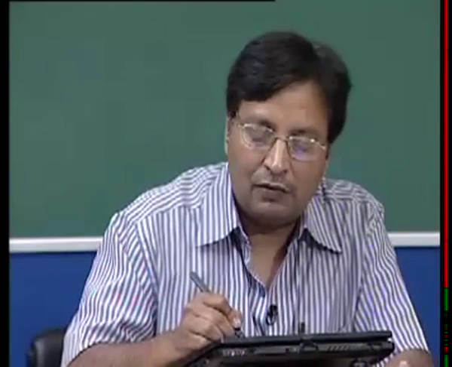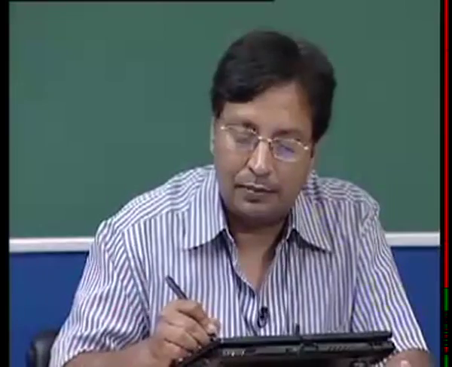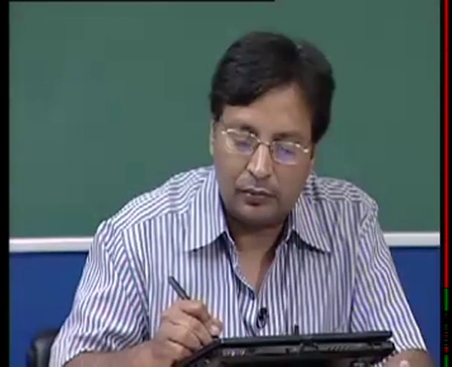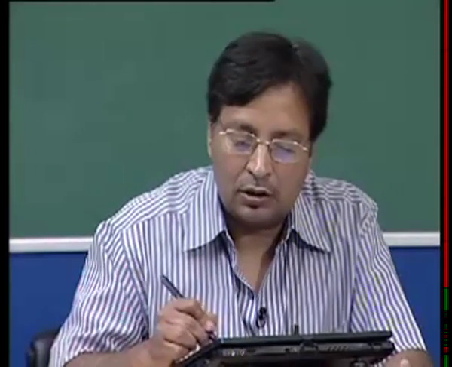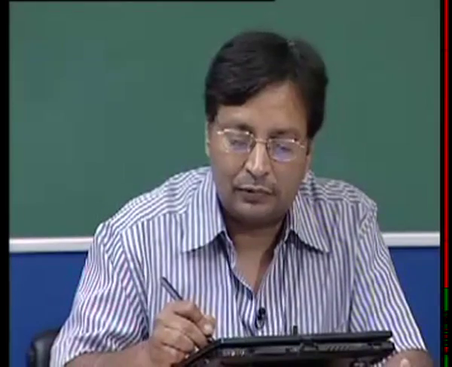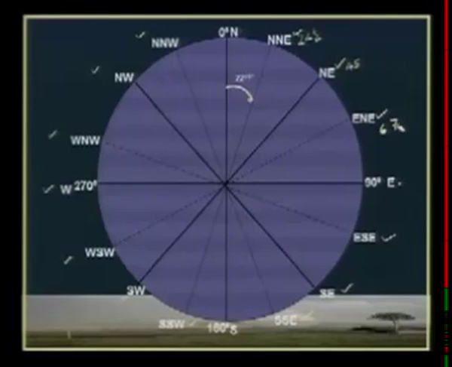So if my wind direction is 22.5, this will become 45, and this will become 67.5, or basically 68.